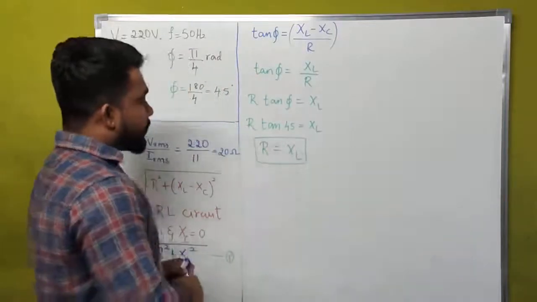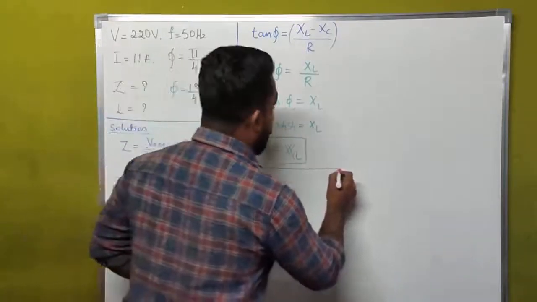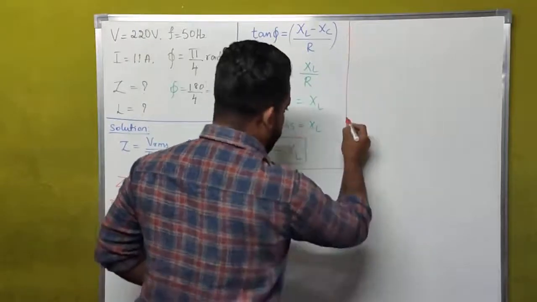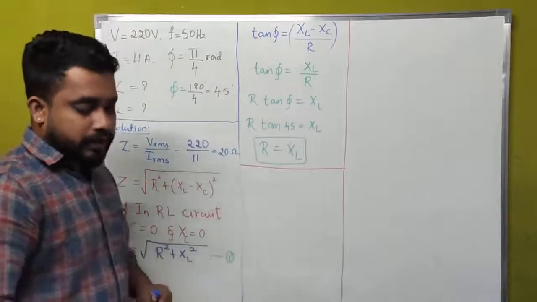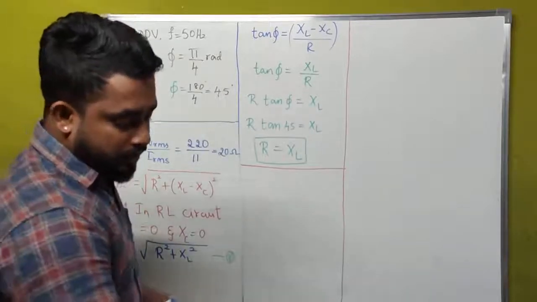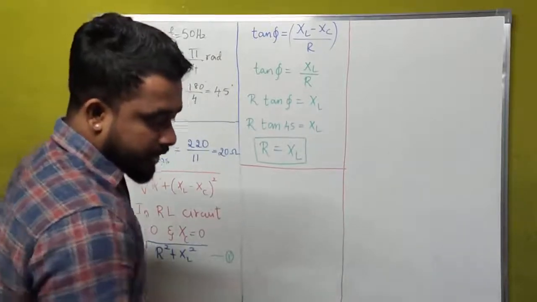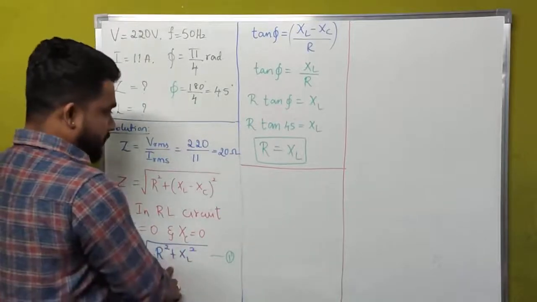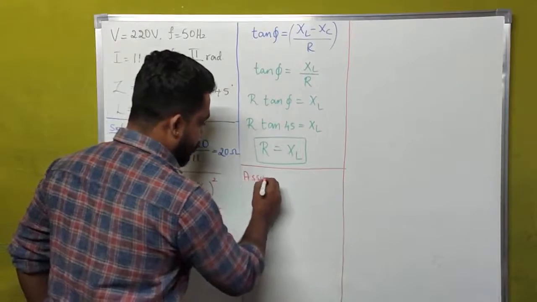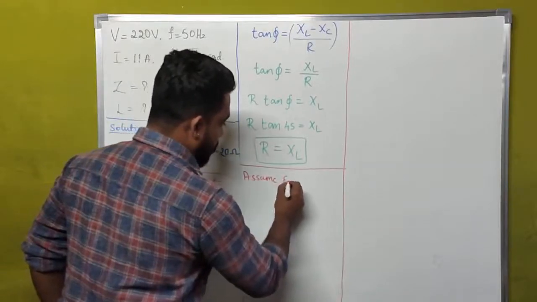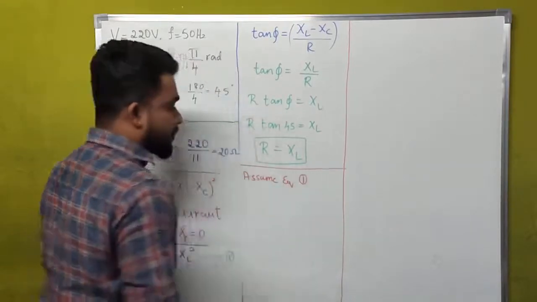If we are going to simplify, what is the value of resistance R? How we are going to get that thing? We are going to get that using the expression of this. Assume equation 1.